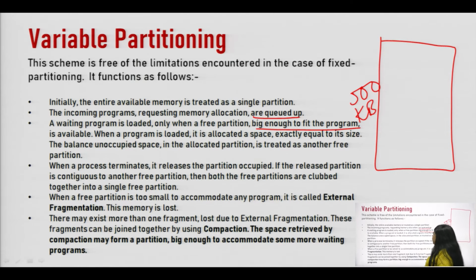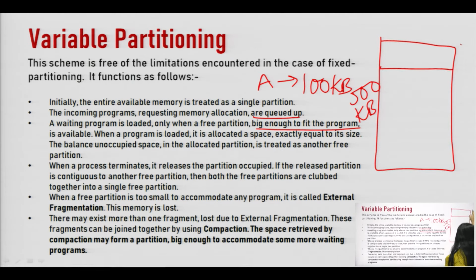When a program is loaded, it is allocated a space exactly equal to its size. The balance unoccupied space in the allocated partition is treated as another free partition. So, whichever process is coming, whatever size it has, a partition of exactly the same size is created. Let us say there is a process A which is coming with a requirement of 100 KB. A block will be immediately created from 0 to 100 and A will be allocated to that memory block.